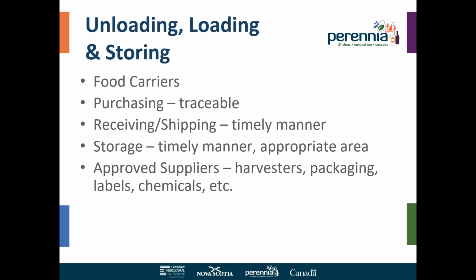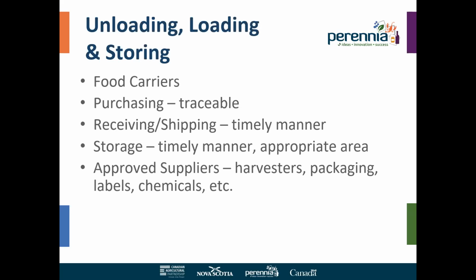So other things to consider under loading and storing, your food carriers. So we already talked about those, doing the inspections when the food carrier pulls up to your facility, or also your trailers, your bins that are being used to convey the product from the field to the pack house or storage house or what have you.